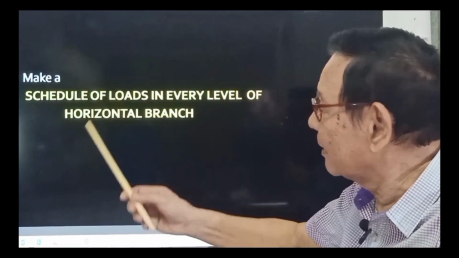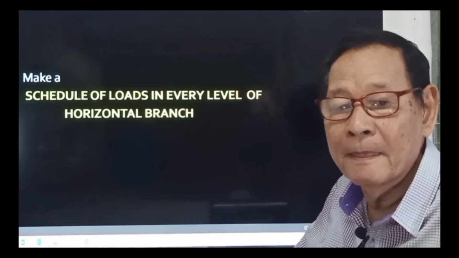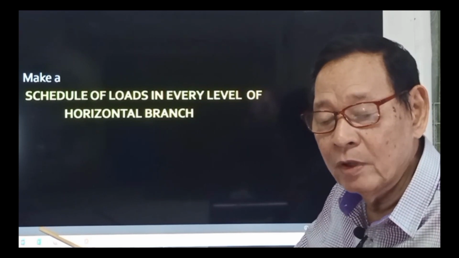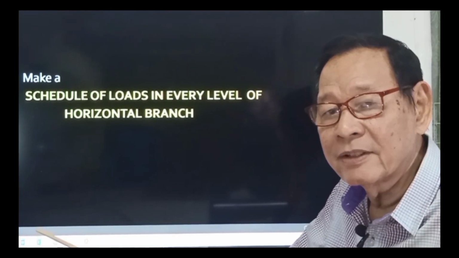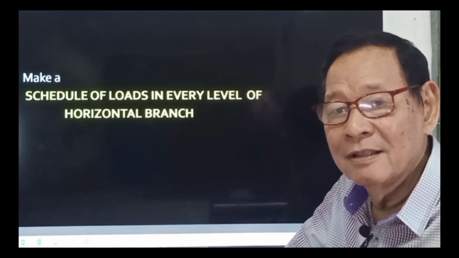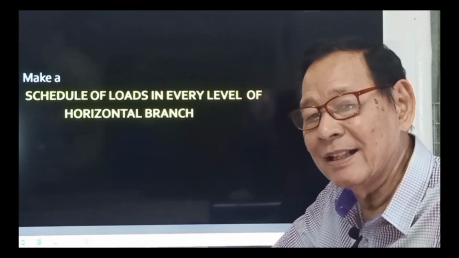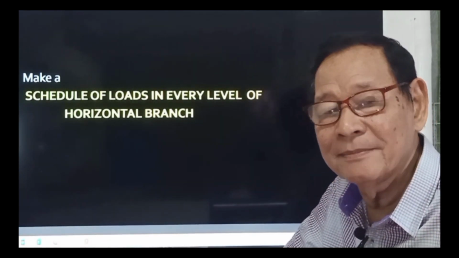We make a schedule of loads, a schedule of loads in every level of the horizontal branch. As I said before, our schedule of loading for electrical is almost the same as the schedule of loading for the plumbing system.